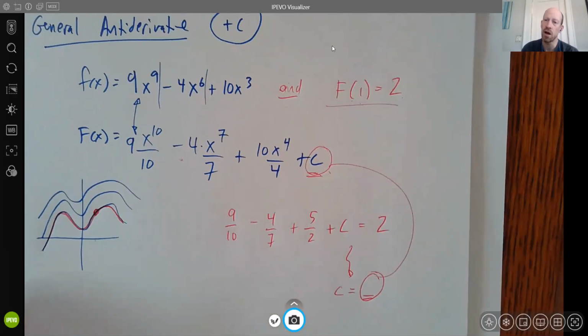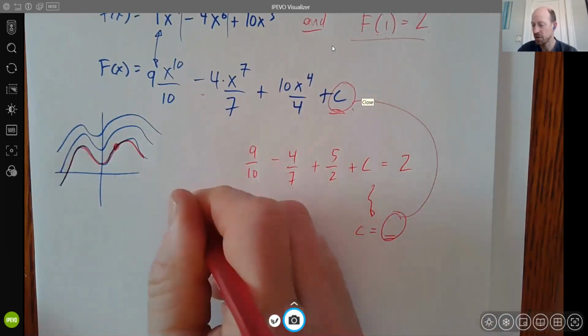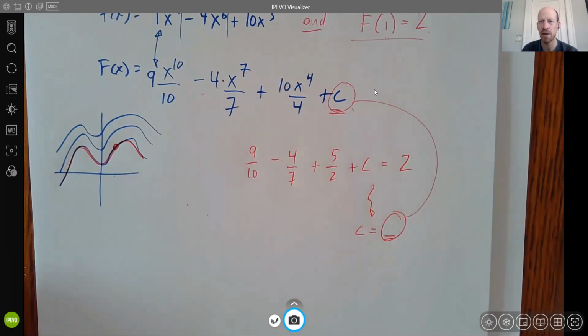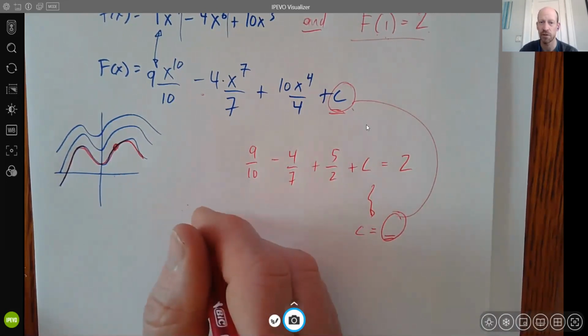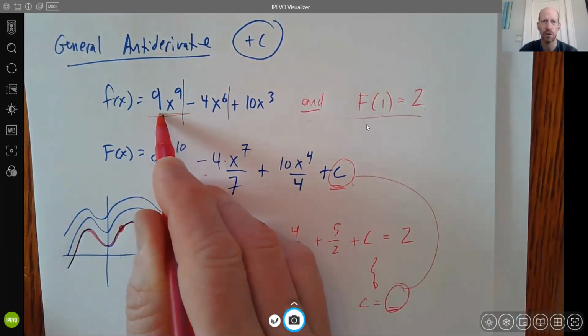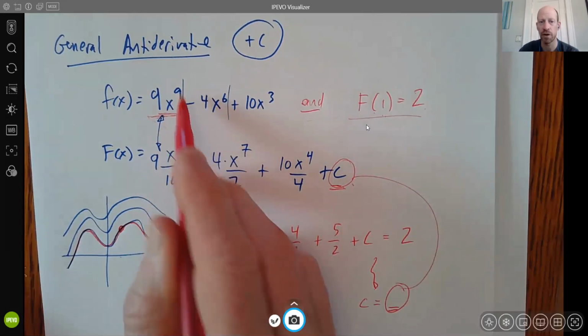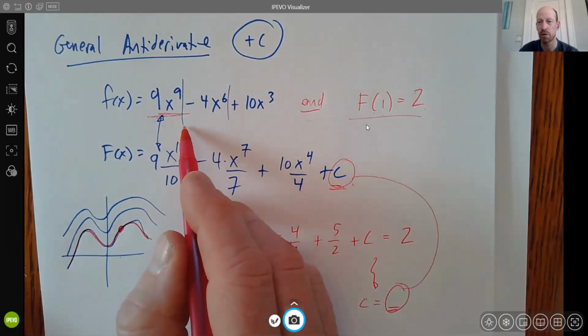So the question is for that rule, yes, that is true, as long as you don't have a product or quotient or something else going on. As long as you just have a constant times a power here, then you can use that general power rule, which is add 1 and divide by the new number, right?